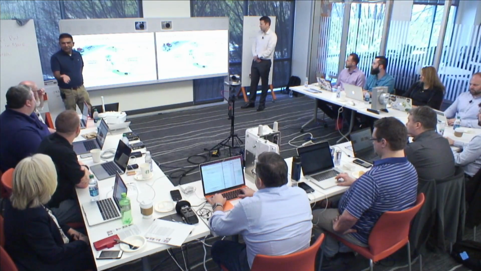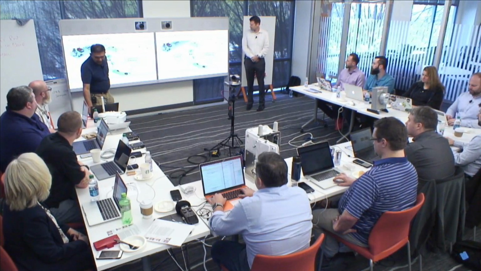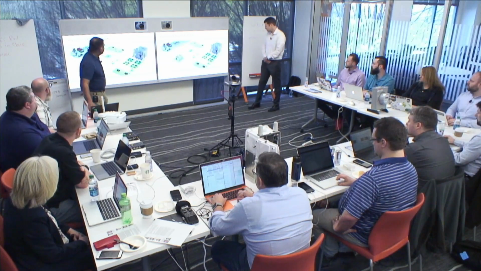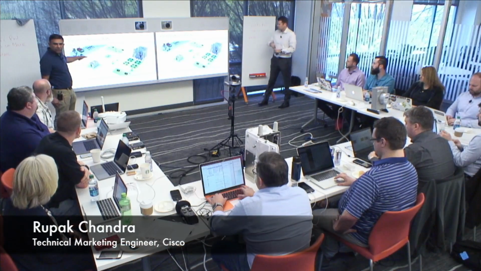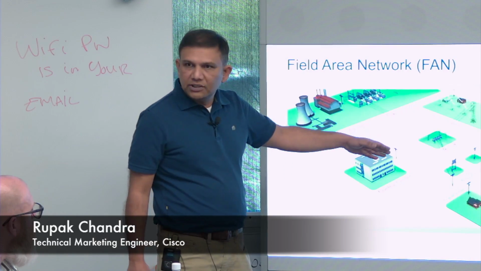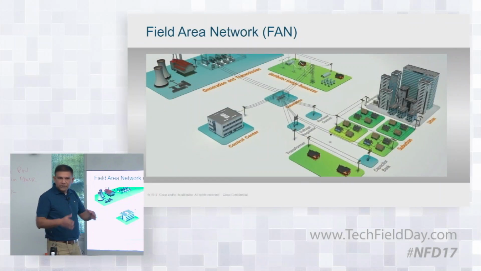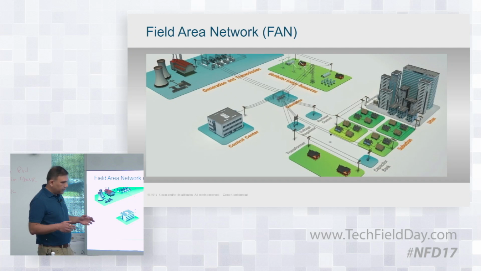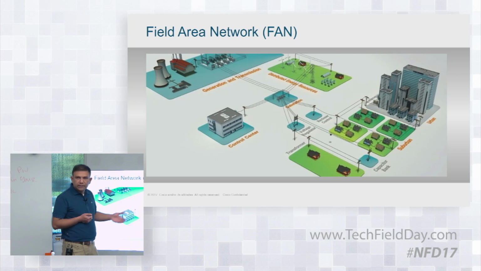So let's talk a little bit about what mesh networks are, or what FAN is. What you're seeing here is a typical grid: you have the generation and transmission carrying the power to the substations, and from the substation onwards, you have the distribution side of the grid. On the distribution grid, you have a variety of grid devices for monitoring and control, like voltage regulators, recloser controls, and capacitor banks.